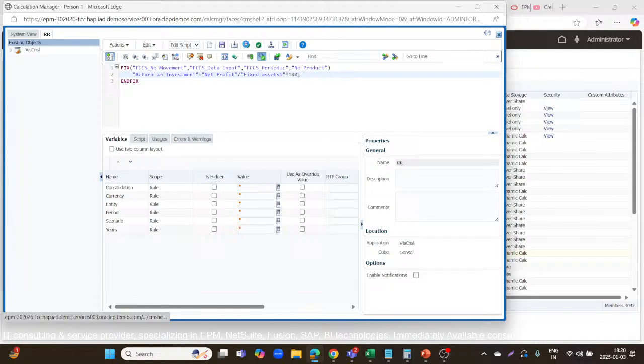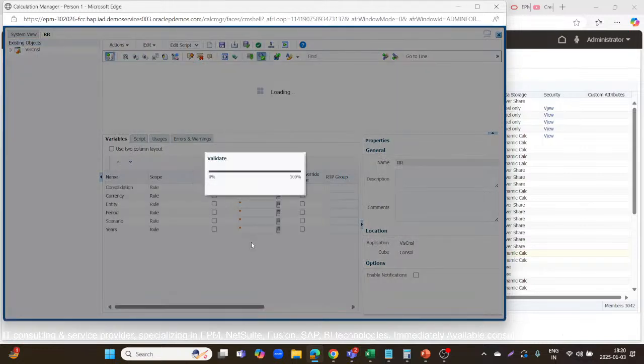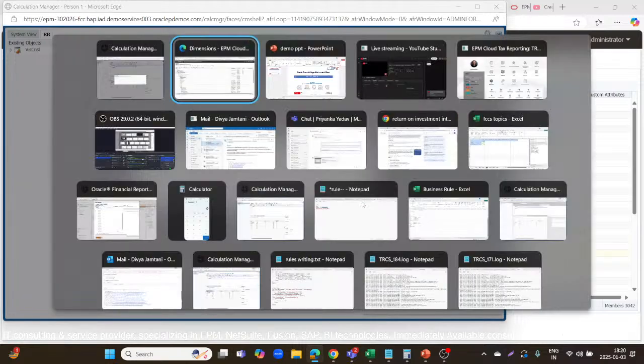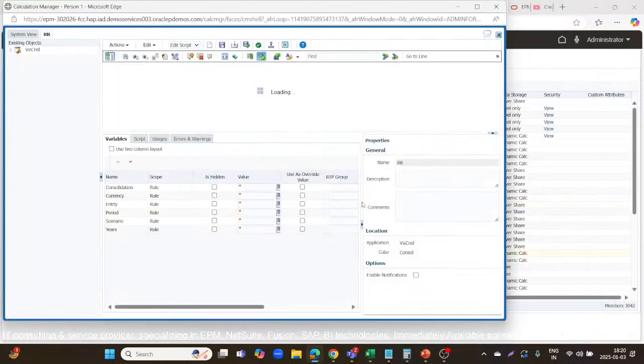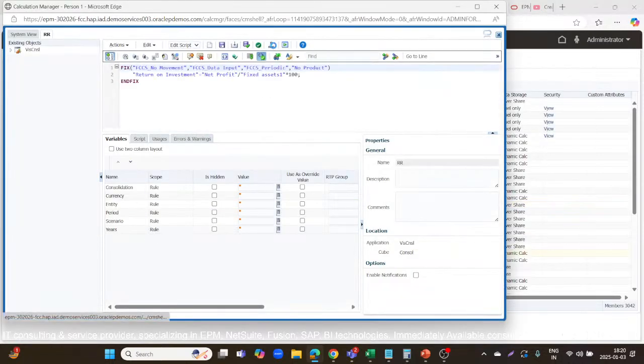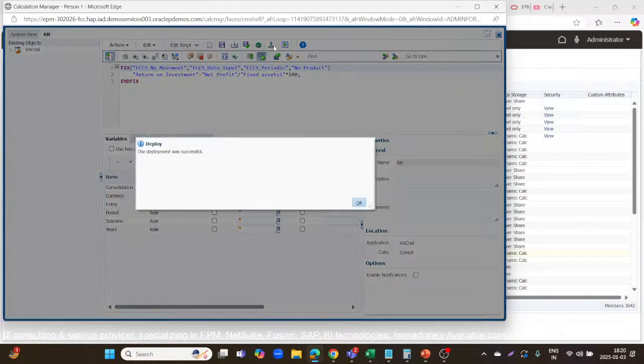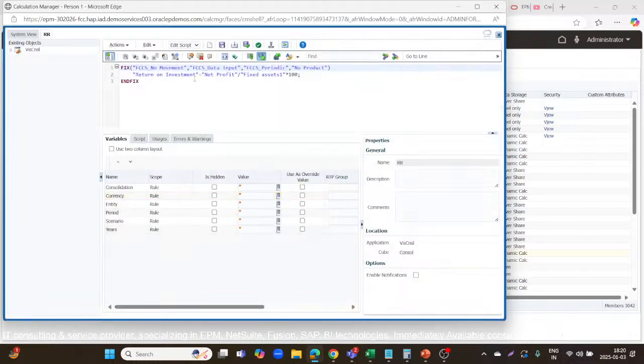After writing this rule, if you try to validate it, it says the rule is validated with no errors. If you try to deploy it, this is also successful. One thing you should know is that in earlier business rule sessions, I have shown you how to derive this net profit and how to derive this fixed asset.